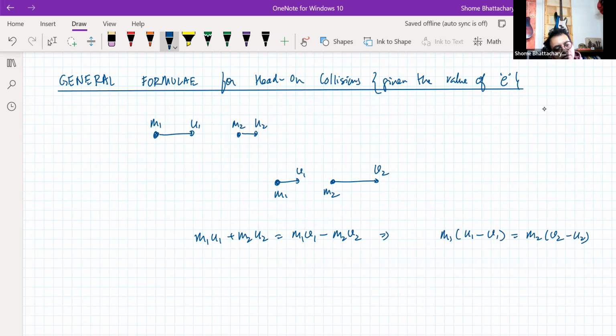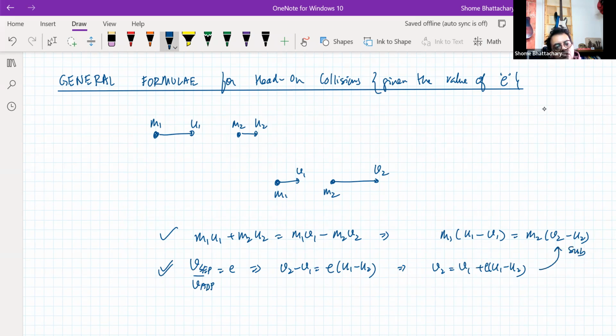And we have separation velocity upon approach velocity is equal to E. So this equation can be written as V2 minus V1 is equal to E times U1 minus U2. So for example, this can be written like this, and we can substitute this here and then solve.